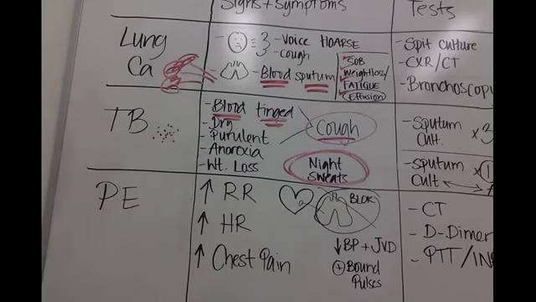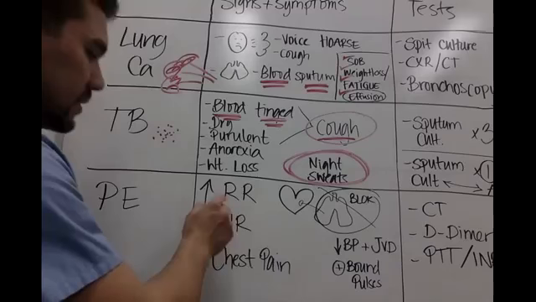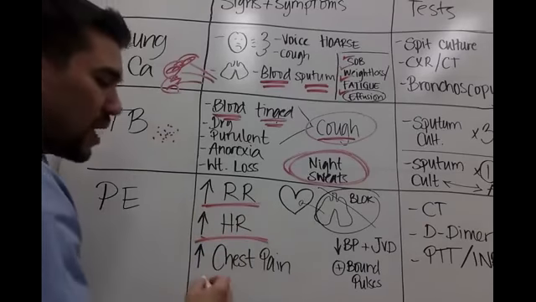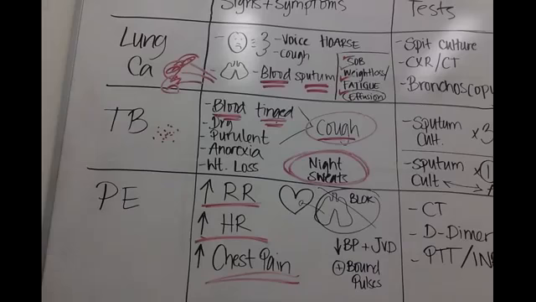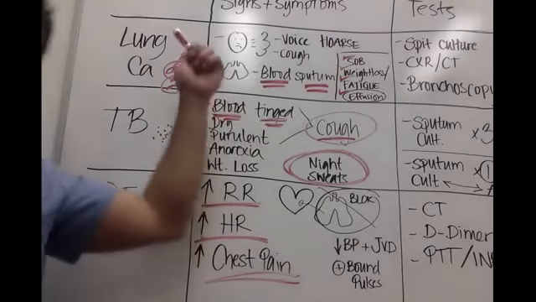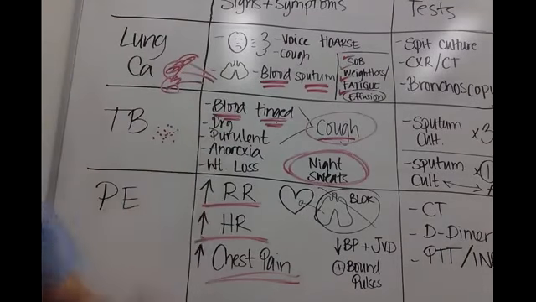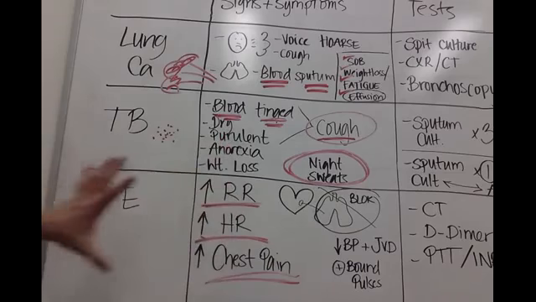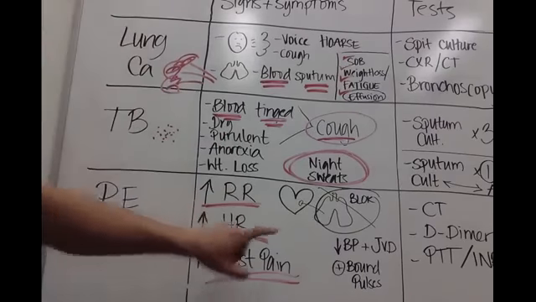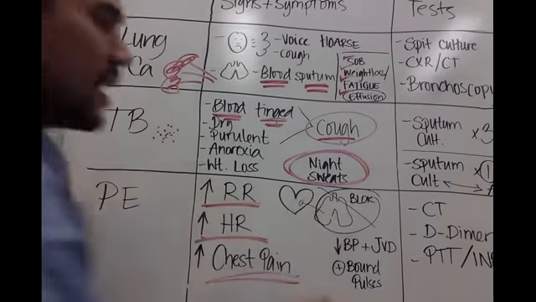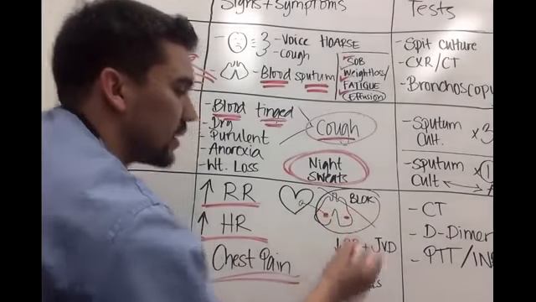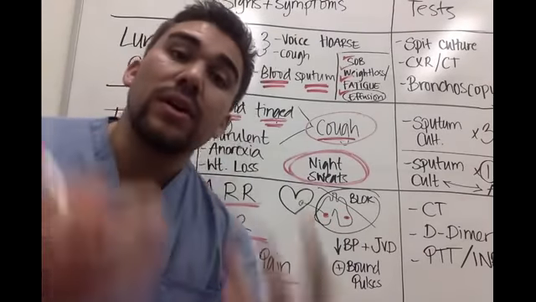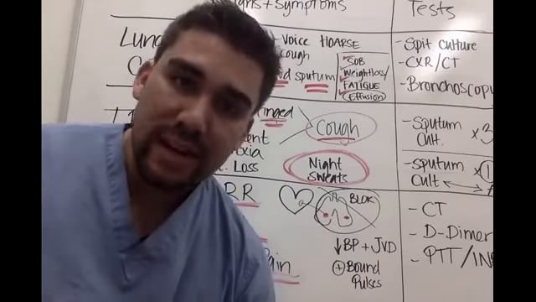You have an increased respiratory rate, an increased heart rate, and increased chest pain. Now, yes, you might have chest pain for lung cancer. Yes, you might have chest pain for TB. It's true. But the big one for PE is you have an actual blood clot, usually inside of the alveolar, or it could be outside as well.